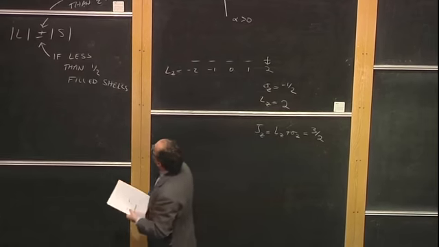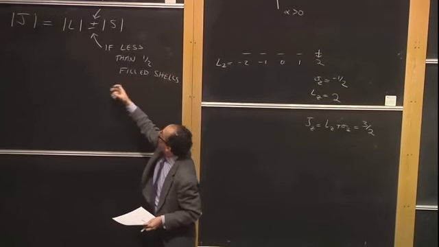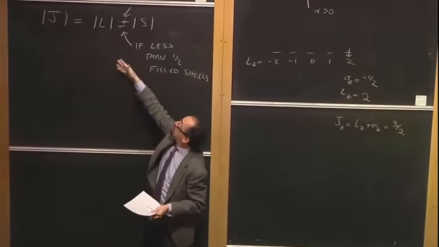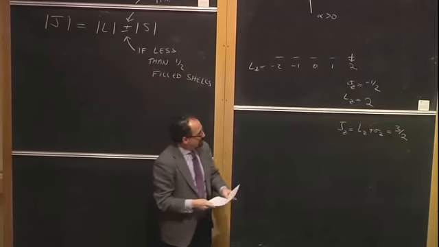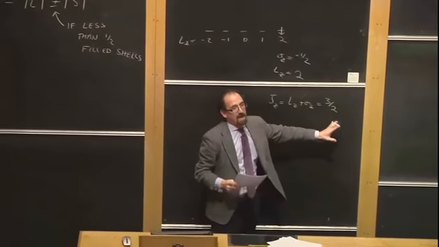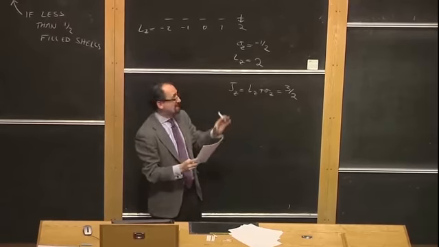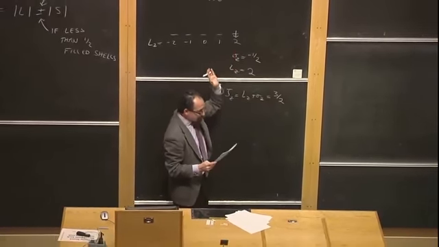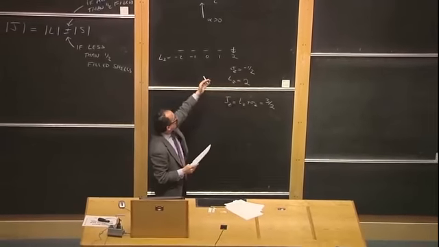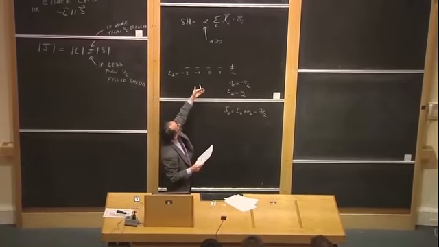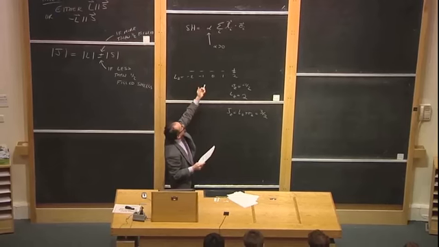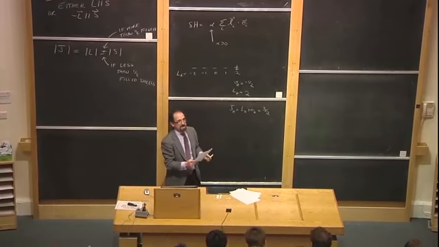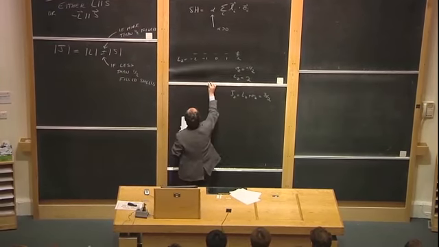And as claimed, it's a less than half filled shell, so J is the difference of 2 and 1/2. So that works. Basically, when you have less than a half filled shell, the spin and the orbit want to be pointing in opposite directions, so spin dot orbit is negative. That's easy.